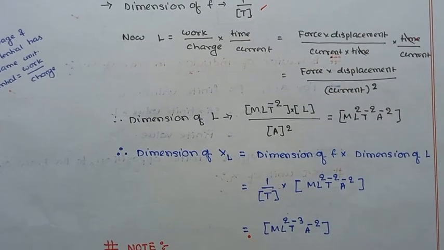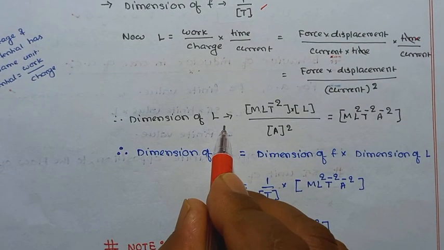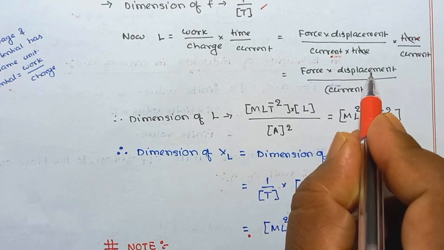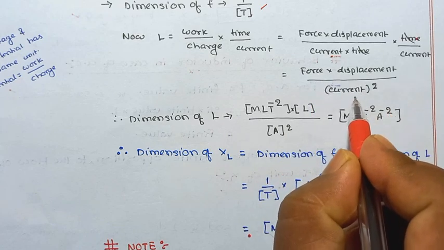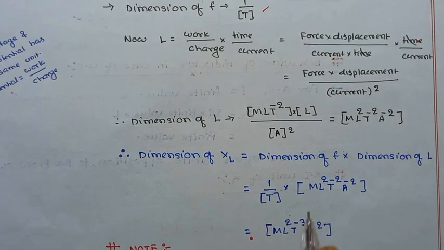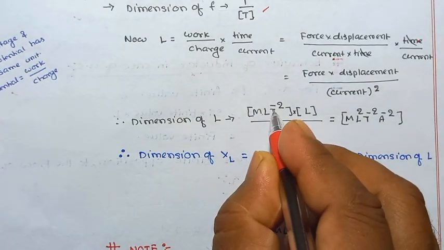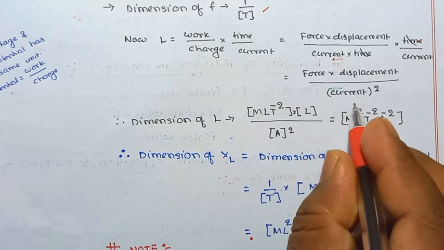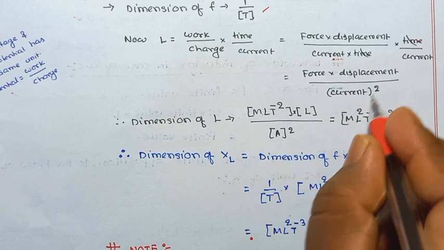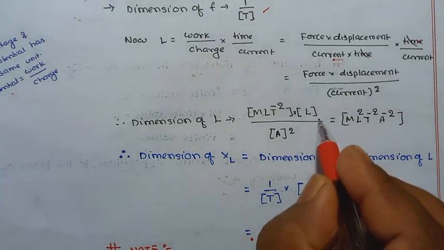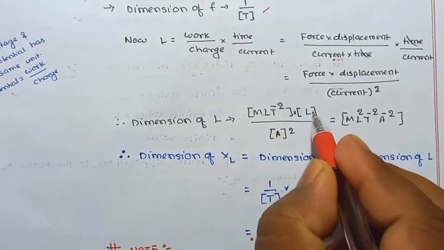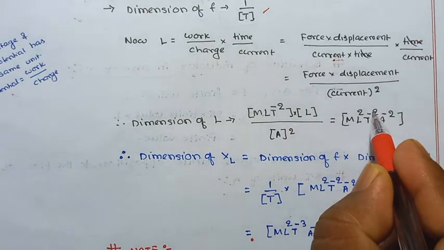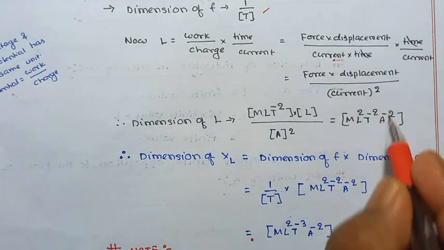हमको पता है कि dimension of L is equal to dimension of force into dimension of displacement divided by dimension of current square. So the dimension of force is MLT inverse 2, the dimension of displacement is L, the dimension of current is A, and current square is A square. So after simplification we get dimension of L is equal to ML2 T inverse 2 A inverse 2.